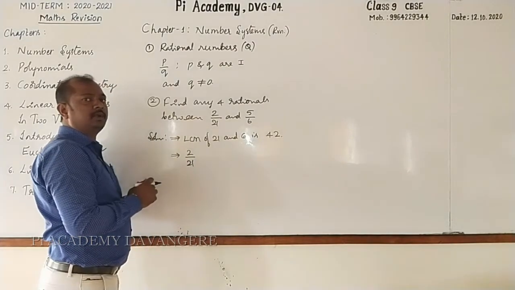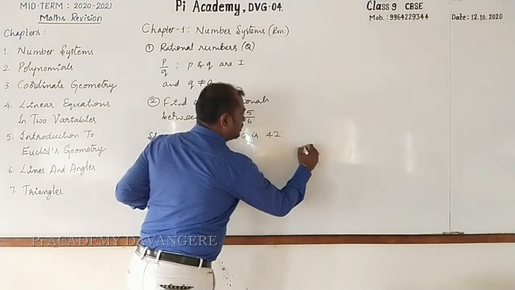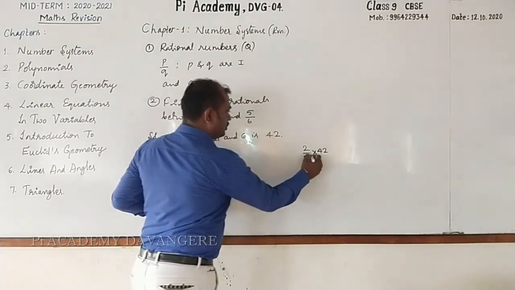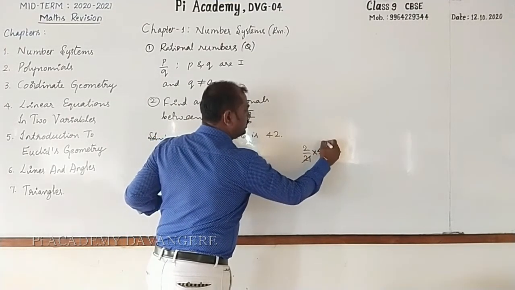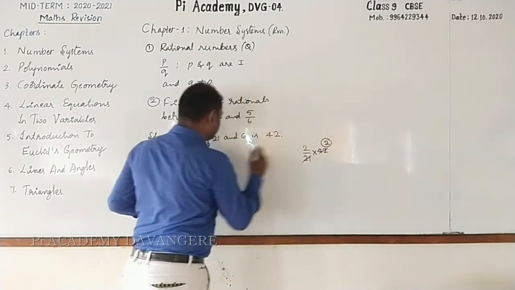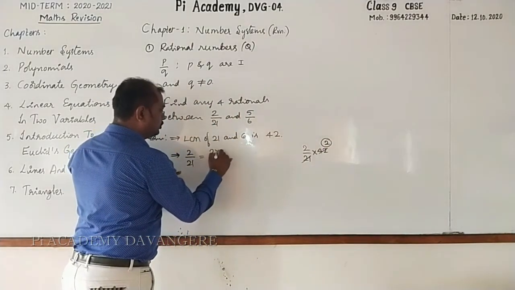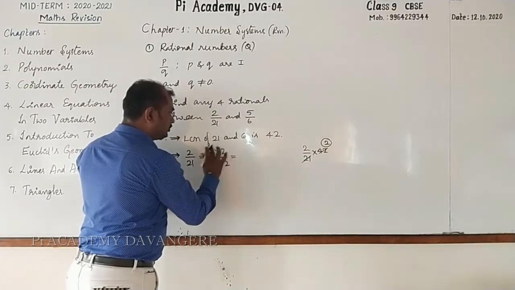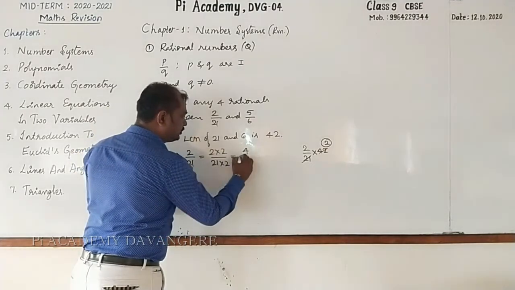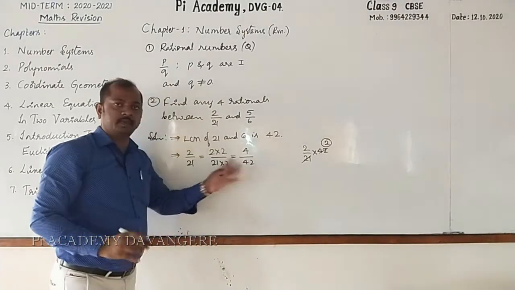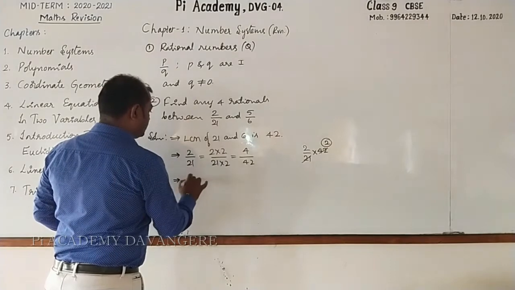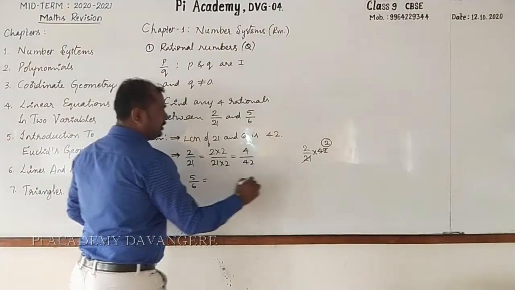How do you find out that number? Very good. 42 divided by 21, 1s are 21, 2s are 42. Now this 2 should be multiplied to the numerator as well as the denominator. Now 2 2s are 4. 21 2s are 42. 4 by 42. Followed?